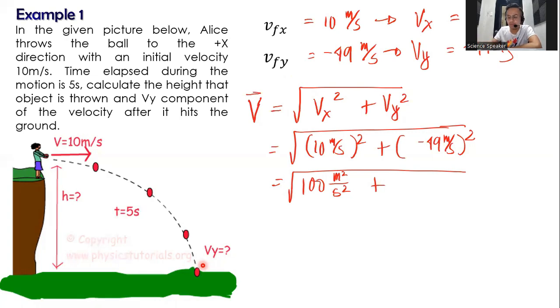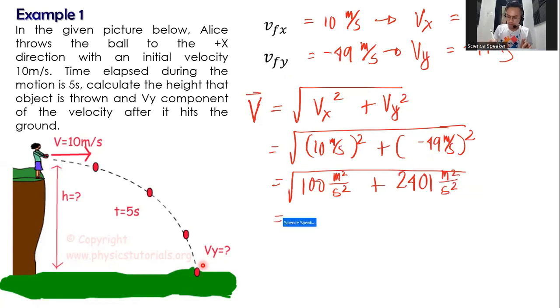Plus negative 49 squared, which gives a positive 2,401 meters squared per second squared.